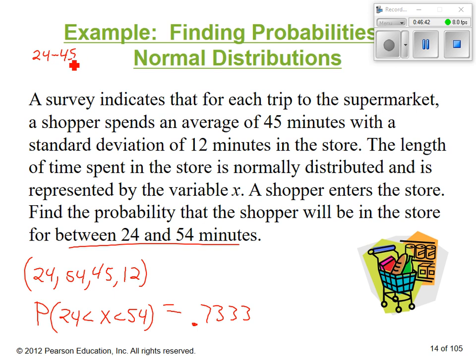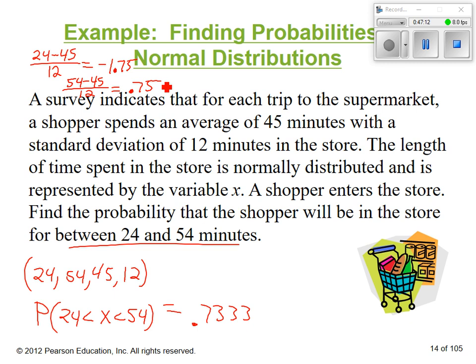Somebody have their calculator out to help me? What's 24 minus 45 divided by 12? I got negative 1.75. All right, and then we would take 54 minus 45 divided by 12. I got 0.75.